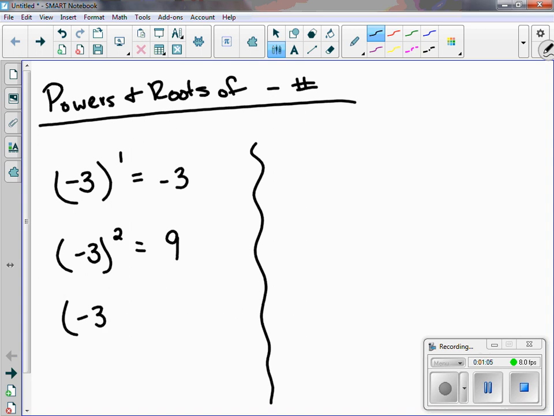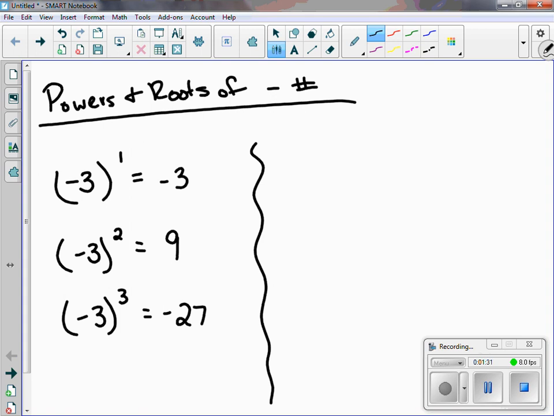If I have negative 3 cubed, it's a negative 27. So basically what's happening here is when it's an even number as a power, it's going to be positive, because we've got a negative times a negative, which gives you a positive. When you have a negative with an odd power, it's going to be a negative number.